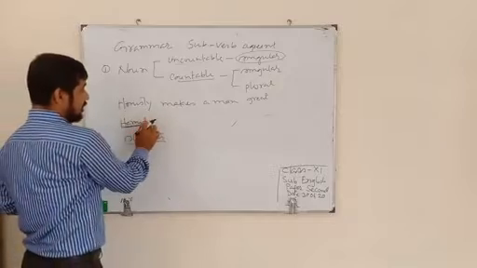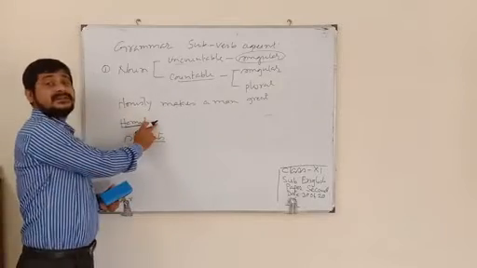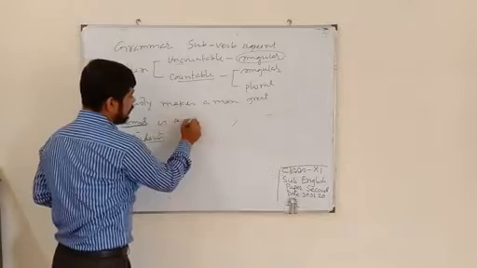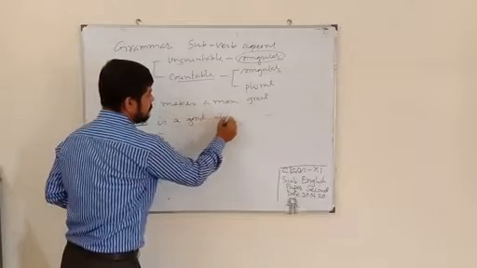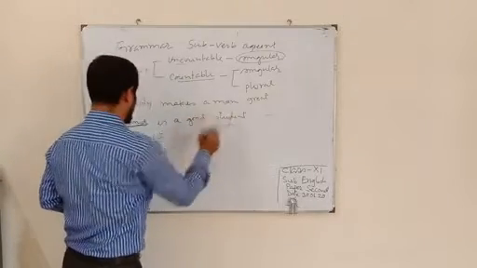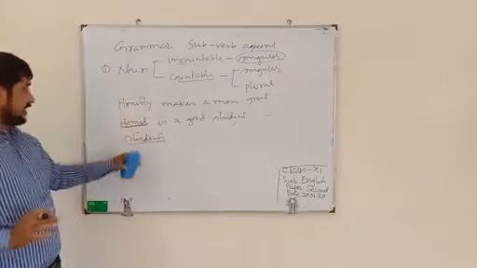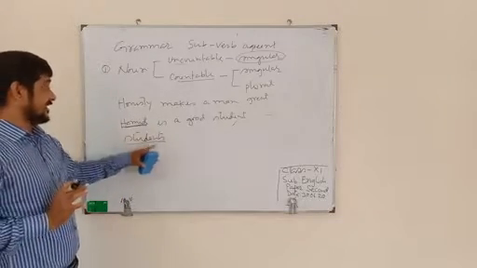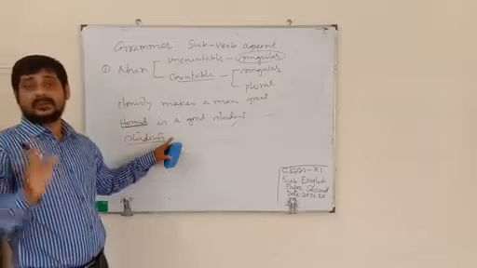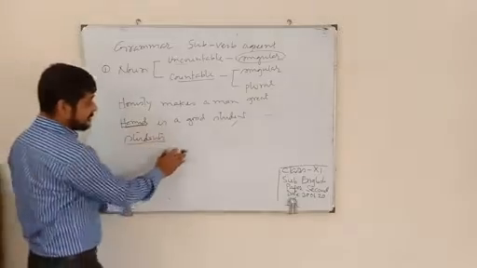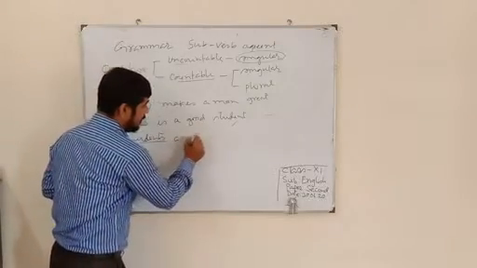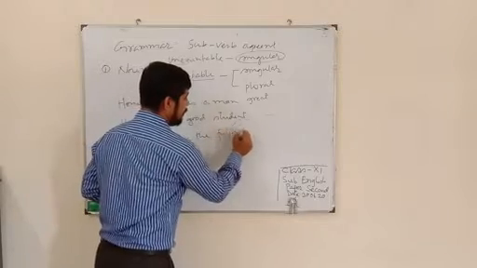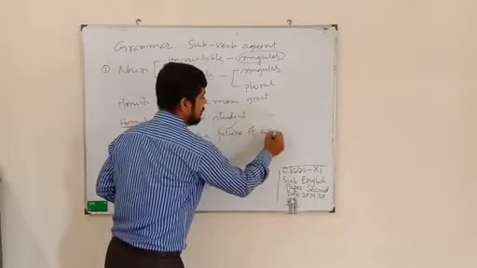So we can use here a singular verb. Hamid is a good student. Then students, a plural noun. We have to use here a plural verb. Students are the future of a nation.